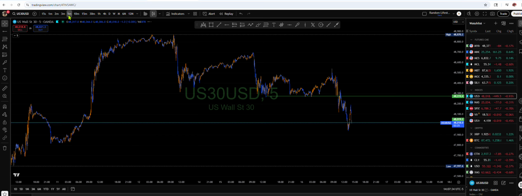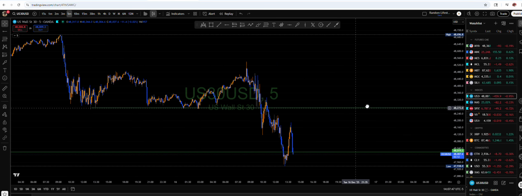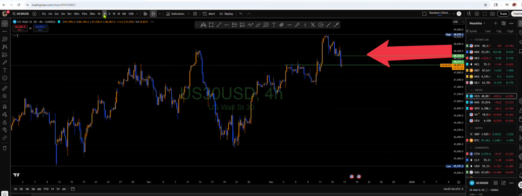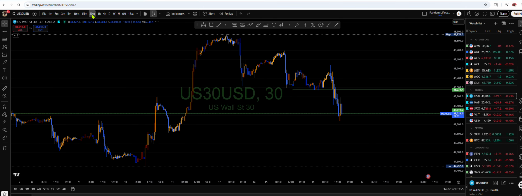So the main thing that you guys want to look at, you look at the daily, the 4 hour, 30 minute, and then going on to the 5 minute to look for entry. Why do I say that? Because these bigger time frames, which are the daily, 4 hour, and the 30 minute, show you where the market is going.